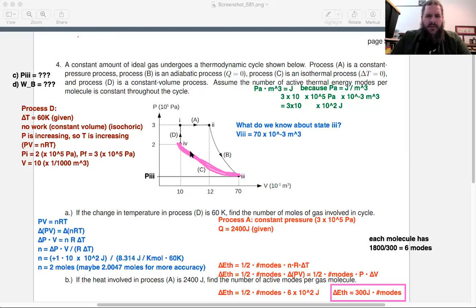If this is isothermal, we know that there's no change in temp from 3 to 4. So because of the isothermal curve, we know that temperature 3 is the same as temperature 4. And that's very useful. I think we can make a lot of use of the fact that temperature 3 equals temperature 4. How is temperature related to volume, which we know, and pressure, which we're trying to find?